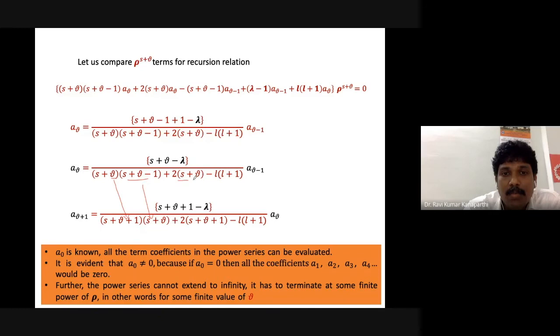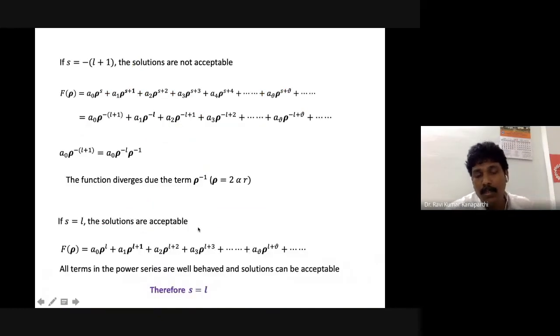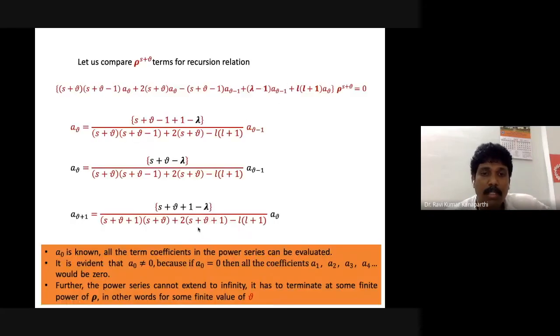This term becomes 2 into s plus nu plus 1, and the last term is L into L plus 1, which doesn't change, so you can keep it as such.